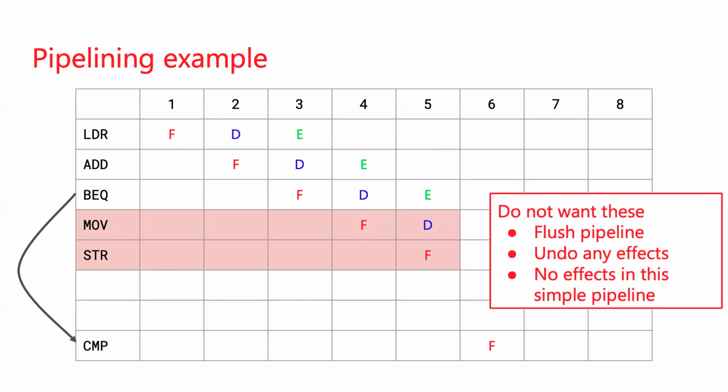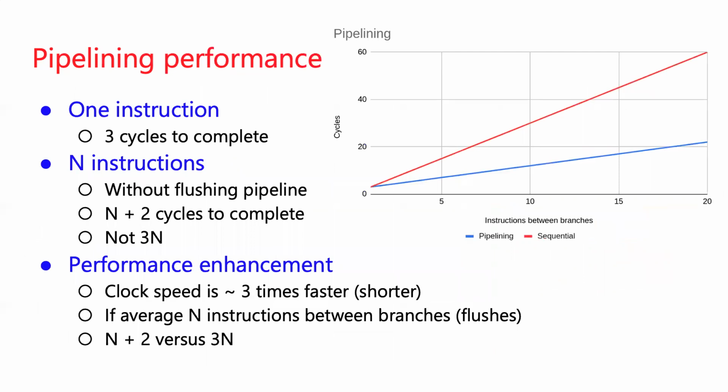These conditionally executed instructions are an effort to reduce when that has to happen, to make it so you don't have to flush the pipeline as often, because you don't actually have to take a branch as often. If we can keep the pipeline saturated and we don't have to flush it, then we can get much faster performance. That's what this is trying to show.